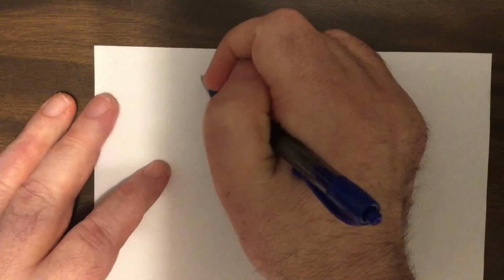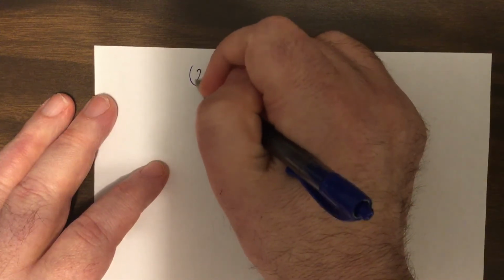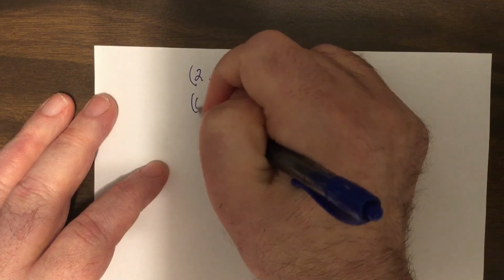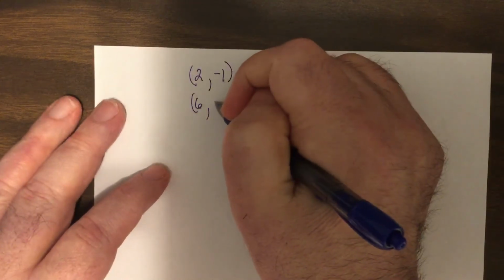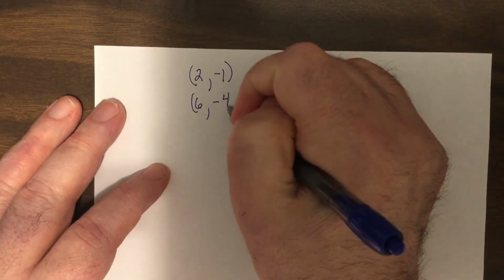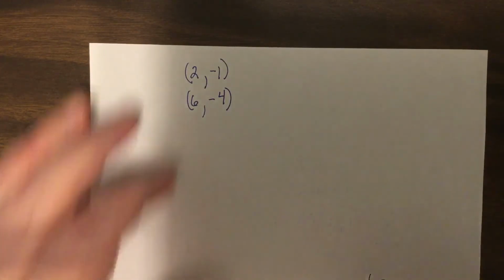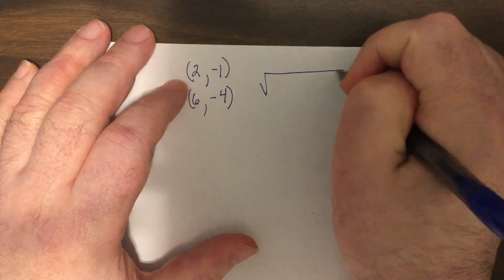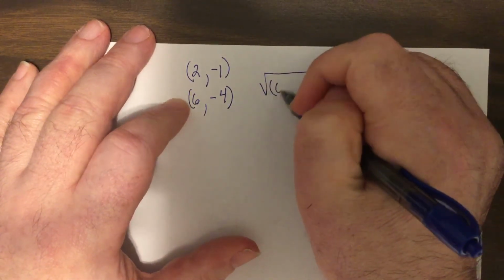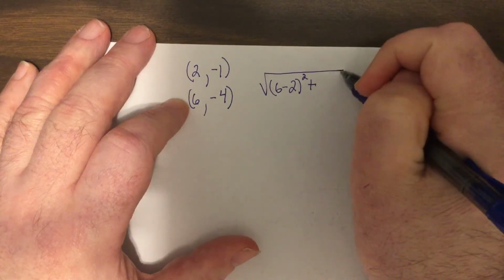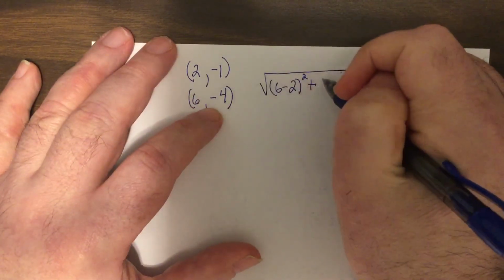So let's say if we had 2, -1, 6, -4. What's the distance between them? So you'd say, okay, it's the square root of the difference of the x's squared plus the difference of the y's squared.